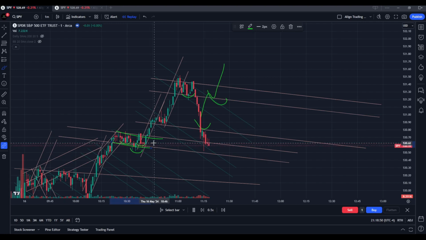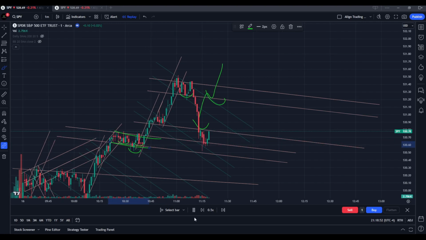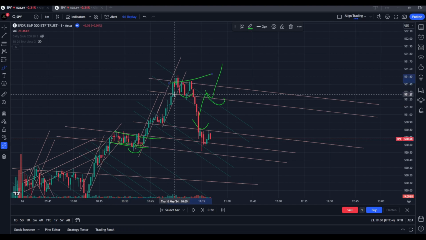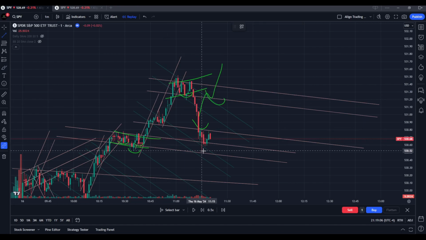So we're now looking for this inverse cup to start closing right here, and we want to see a handle with this tapering algorithm right here. If we see this tapering algorithm, we now want to see that it continues like this.